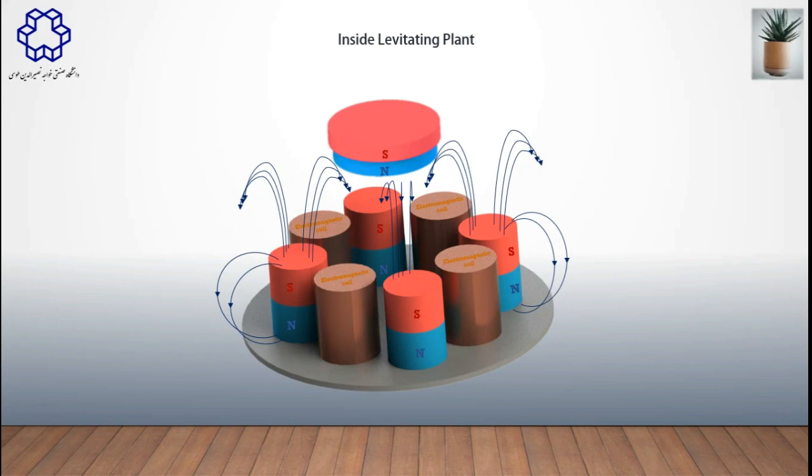I drew a model in the SolidWorks software. We can see 5 permanent magnets for the bottom and 1 on top in the upper side. In the upper side, the direction of the permanent magnet is the same as the bottom permanent magnet.